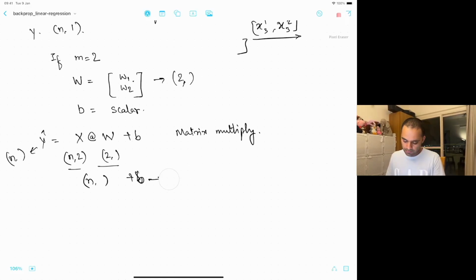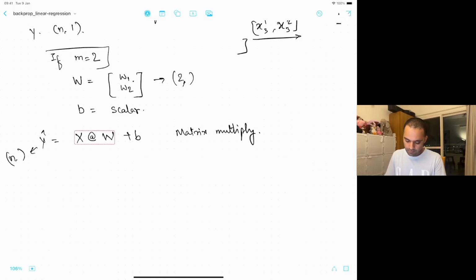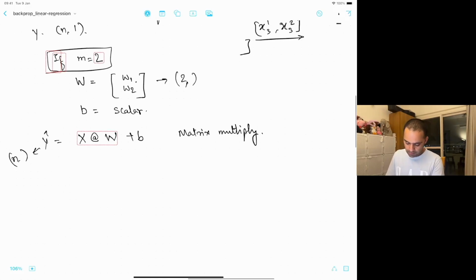Remember, we are assuming m is equal to 2. Now this is our y hat equation.